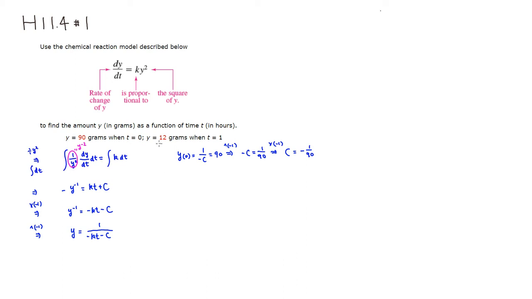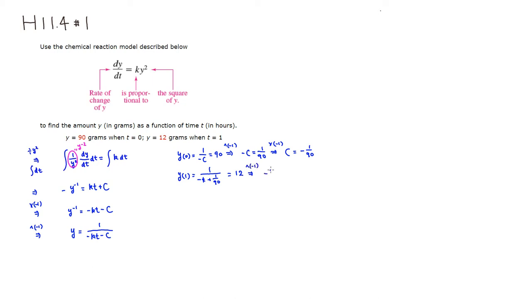And then we can use the other initial condition. So y of 1, when t equals 1, if you plug in 1, you get 1 over negative k, and the negative c would be plus 1 over 90. So this is equal to 12. We can take the reciprocal of both sides.